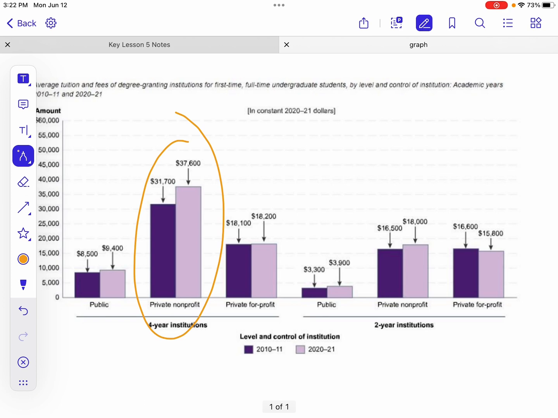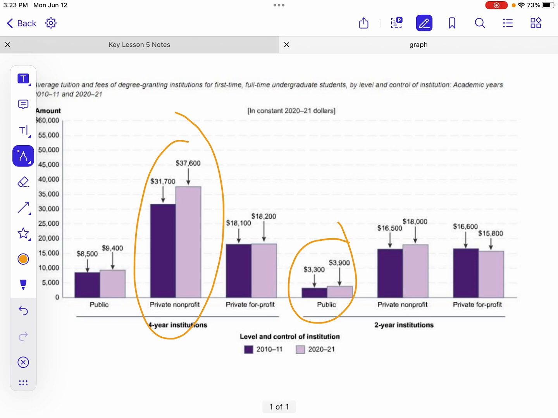Versus down here at the 2-year public institutions, they're super cheap, and the difference between the two bars doesn't look very big, so they didn't change nearly as much. But the thing is, they're not starting at the same value, and so when we talk about comparing changes, we need a better way to approach it.